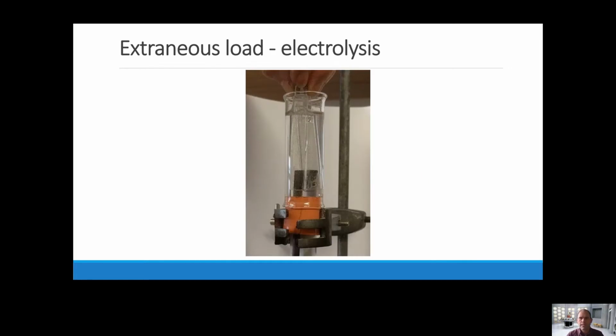So the classic example I use when talking about this is the classic electrolysis experiment. So this is the Nuffield setup. We're asking them to electrolyze salt water to produce hydrogen and chlorine, and then test the gases to prove that when you electrolyze salt water, you get these two products.